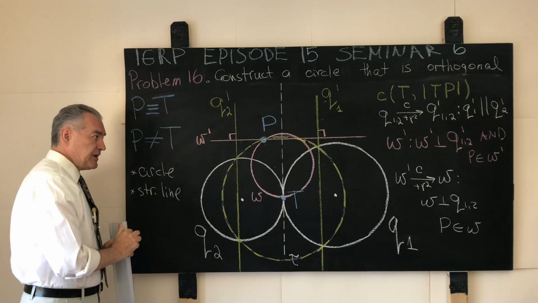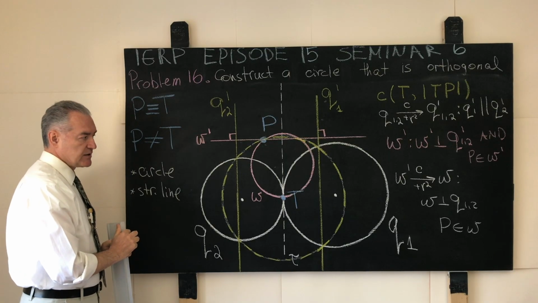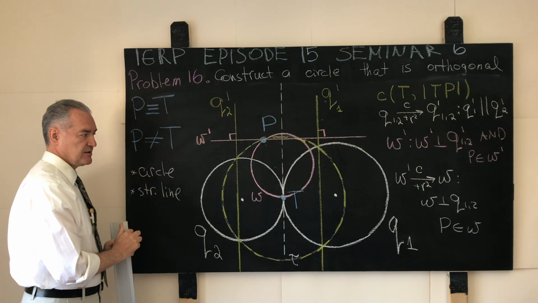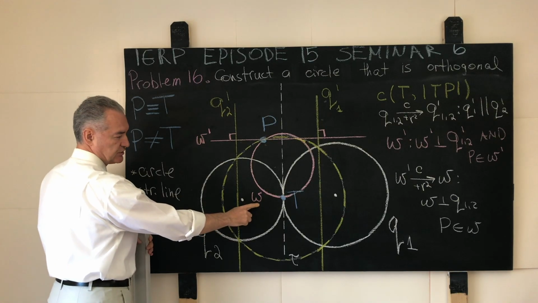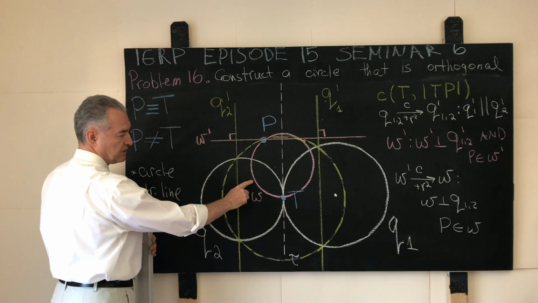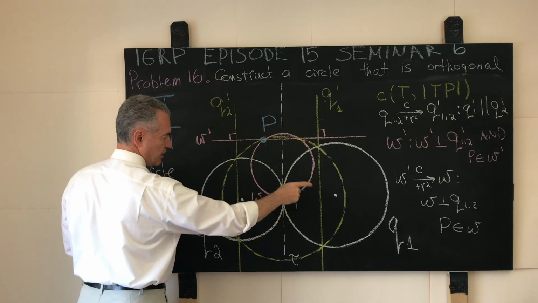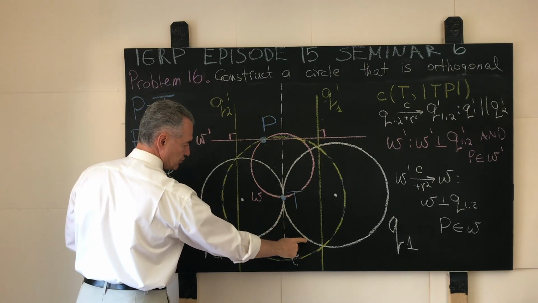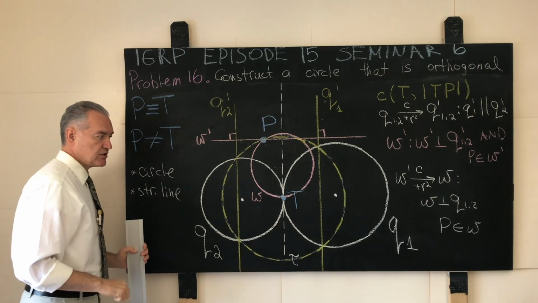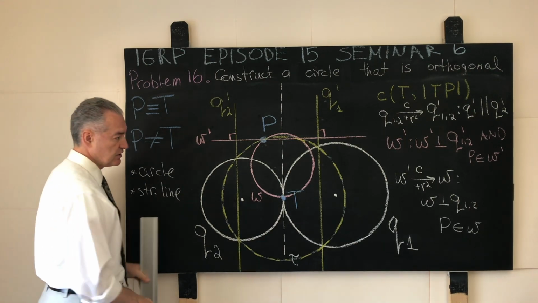On the one hand here, it seems that it may be possible to show that the solution circle W, the circle we're looking for, shown in pink color over here in the middle of your screen, passing through the point P, orthogonal to both input circles Q1 and Q2, can be constructed very, very quickly.